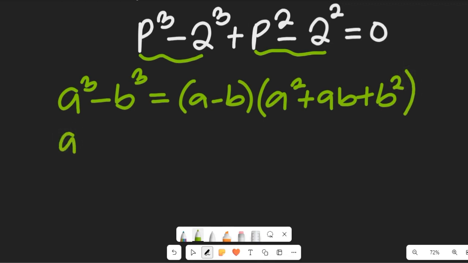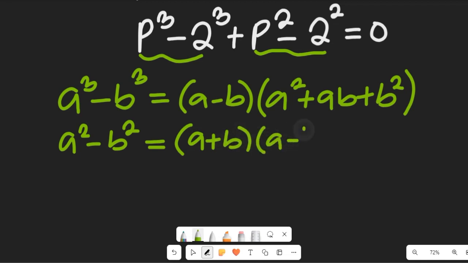And if you have a squared minus b squared, this is a difference of two squares, and we'll have a plus b multiplied by a minus b.